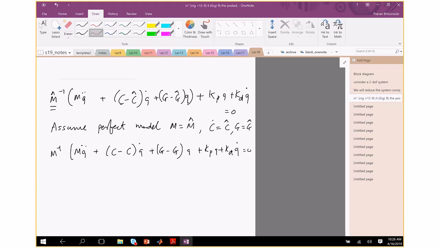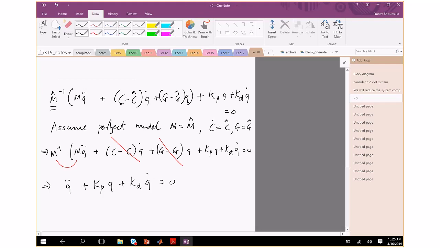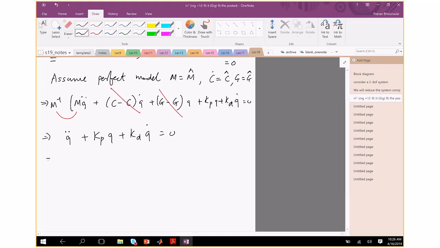So clearly this term is 0, this term is 0. When you multiply m inverse with m, you get the identity. So this equation boils down to q double dot plus K_P q plus K_D q dot equals 0. Let me write this as q double dot plus K_D q dot first plus K_P q equals 0.